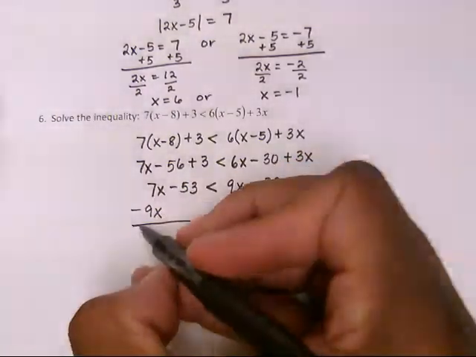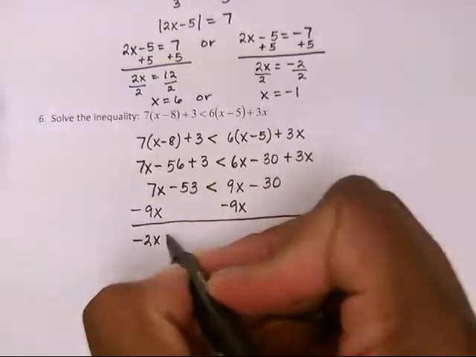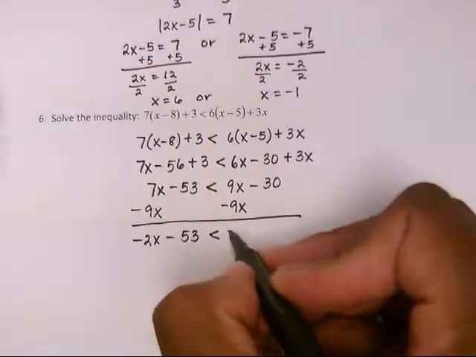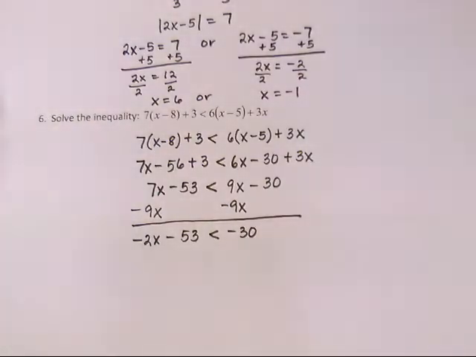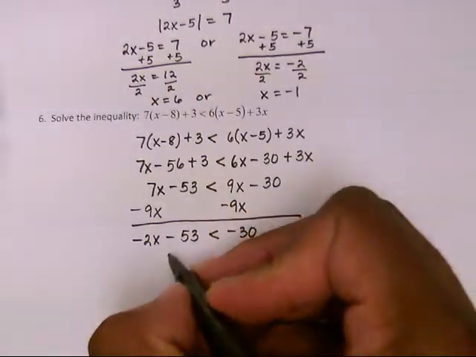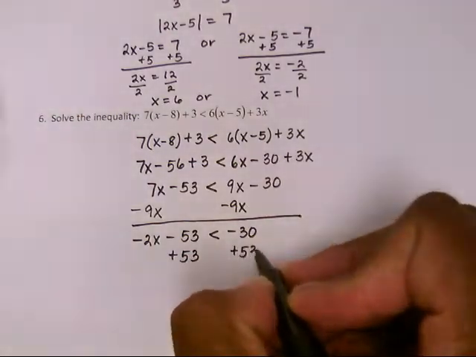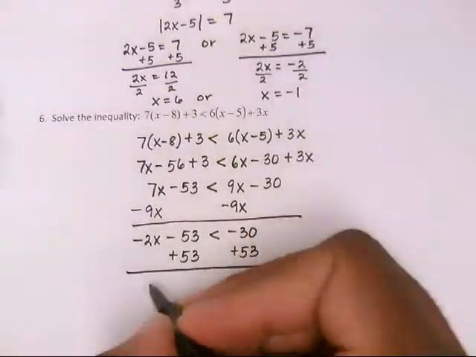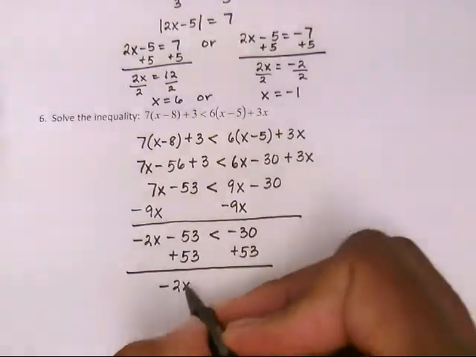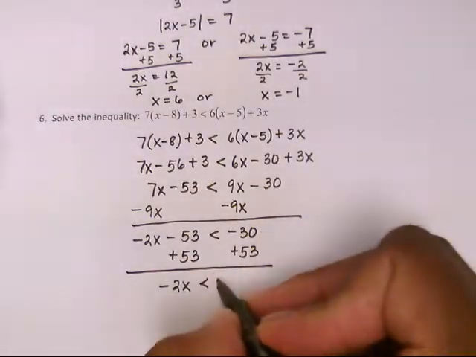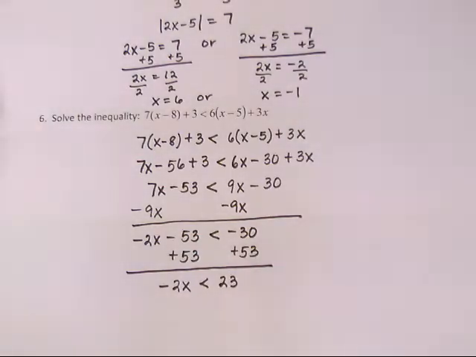So here 7x minus 9x is a negative 2x minus 53, and that's less than negative 30. Now to get that negative 2x by itself, I need to add 53 on both sides of this equation. So here I'm going to have negative 2x is less than negative 30 plus 53, which will be 23.